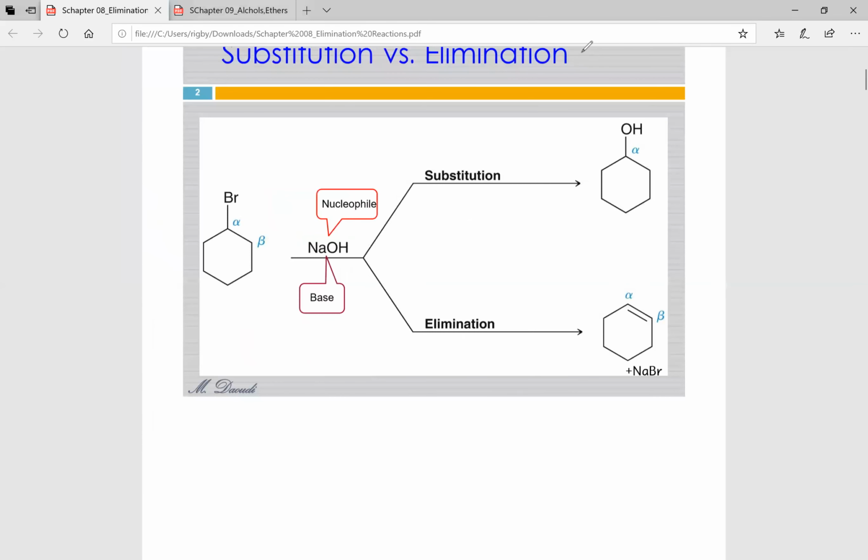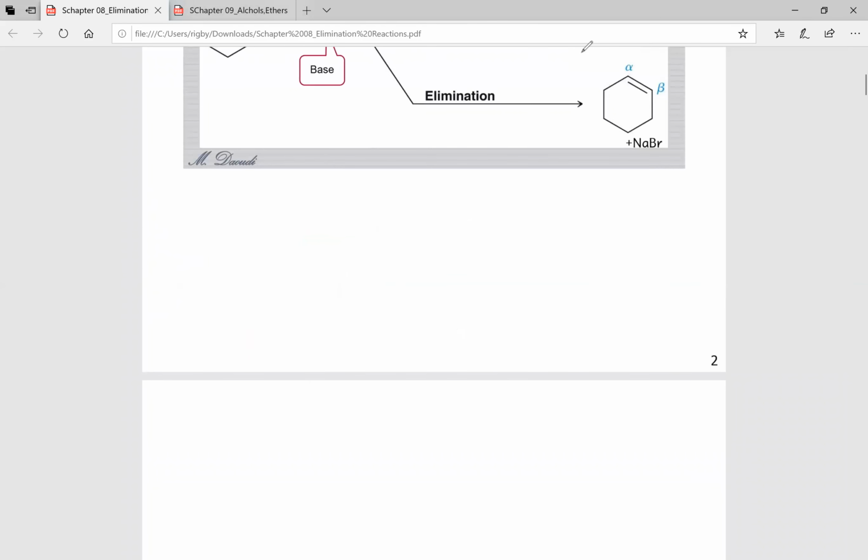I'm going to use the example that they had earlier with this guy right here, and I'm going to show you an E2 reaction. Generally, we have our base. In that case, it was OH negative, but I'm just going to use B for base.